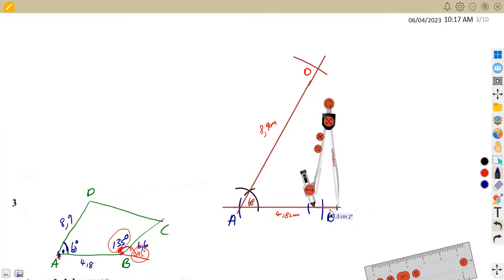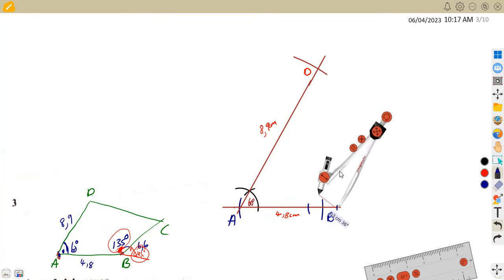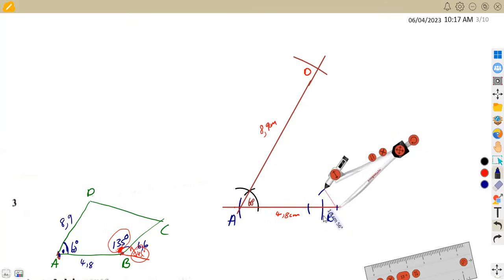It must be greater than from this to B. With this distance, you mark an arc on top and another one below. But since we already have the point B, there's no need for us to mark an arc down again.